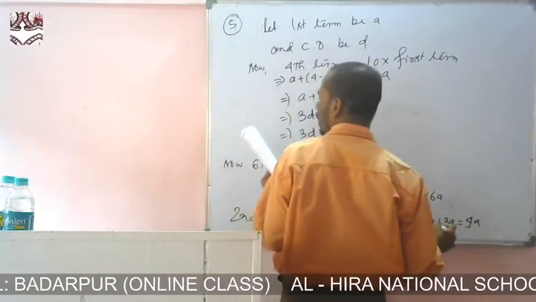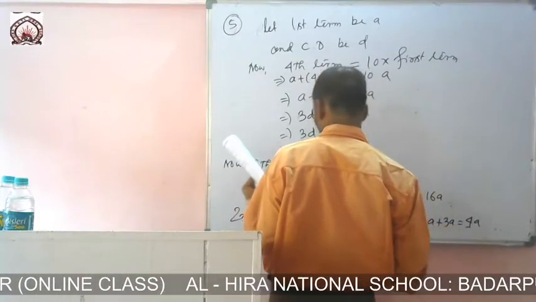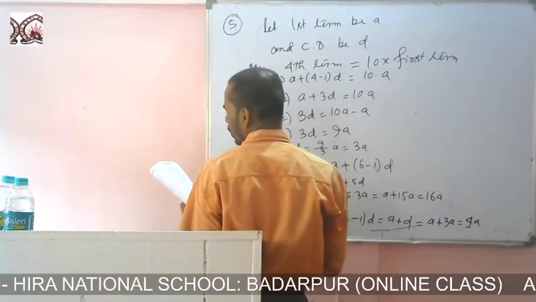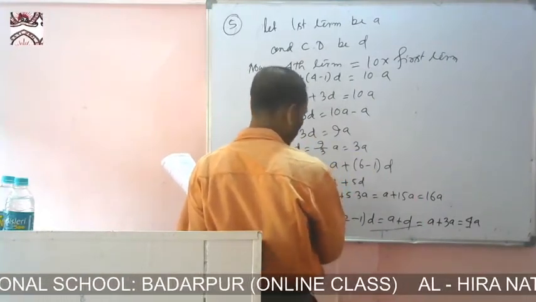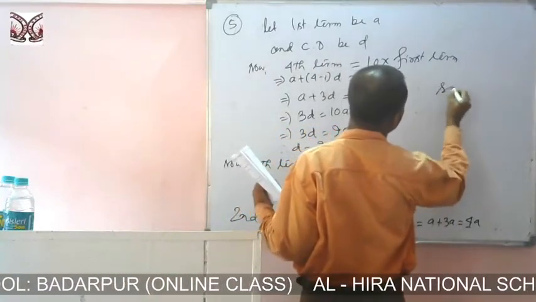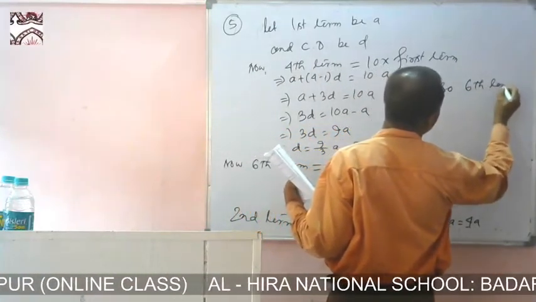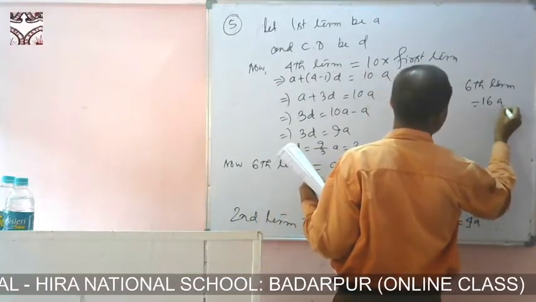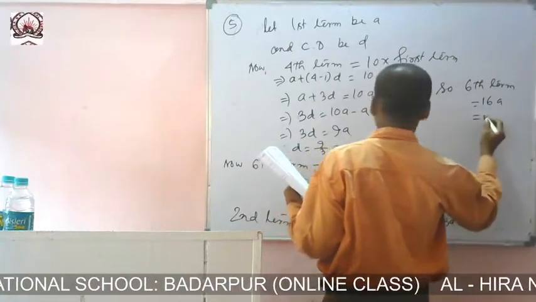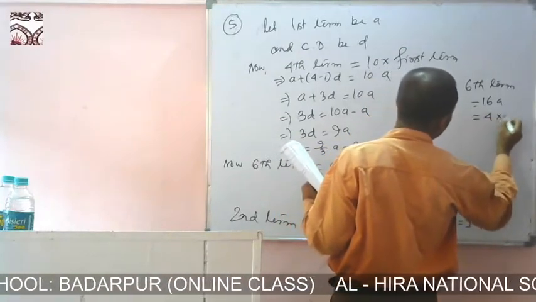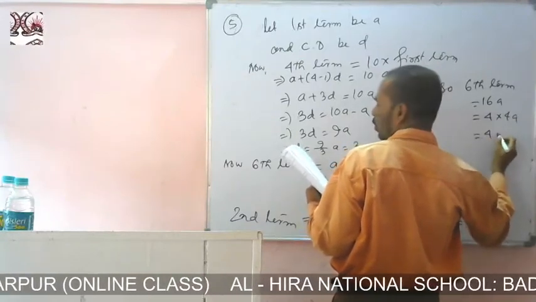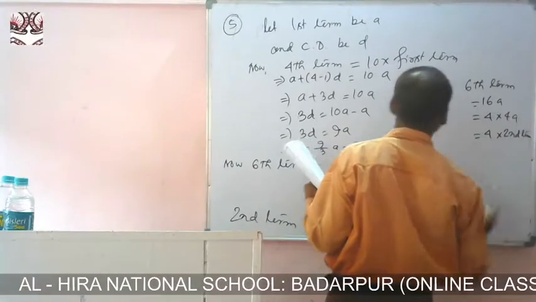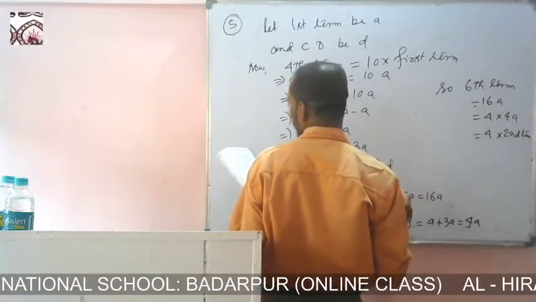So the sixth term is equal to 16A, which is equal to 4 into 4A. So we can write 4 into the second term. So the sixth term is 4 times the second term.